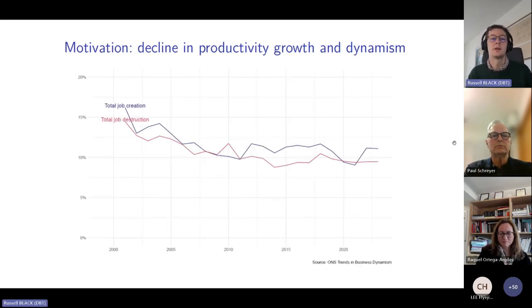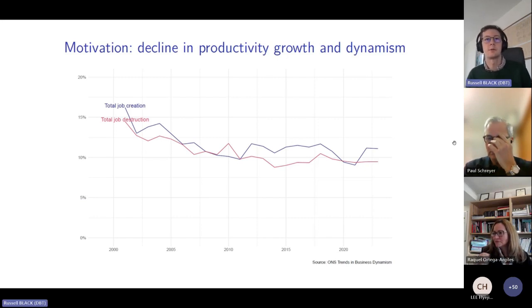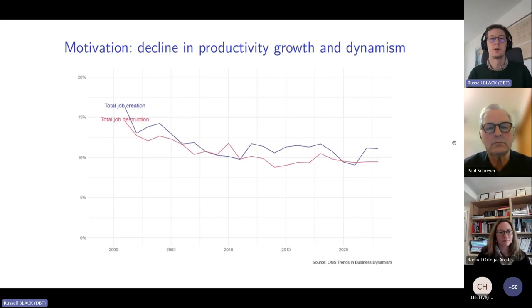We also see globally a decline in business dynamism. This is business dynamism in the UK. This is total job creation and total job destruction from the ONS. And coinciding with the fall in productivity, we also have a fall in the literal number of companies that are adding jobs and the number of companies that are destroying jobs.